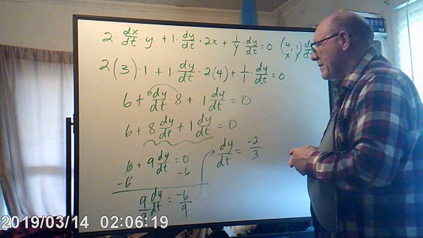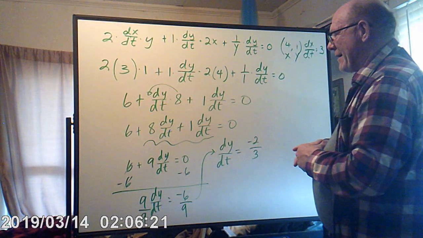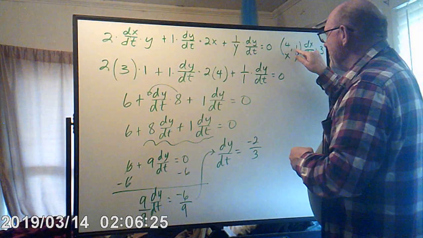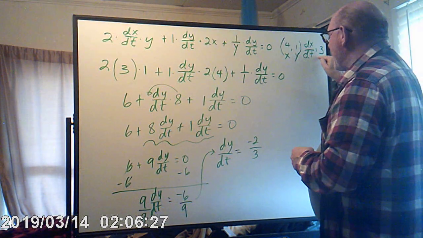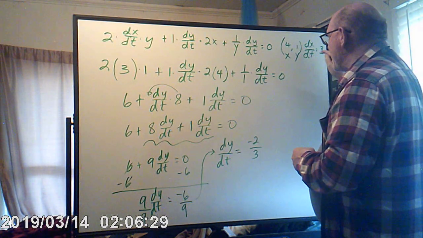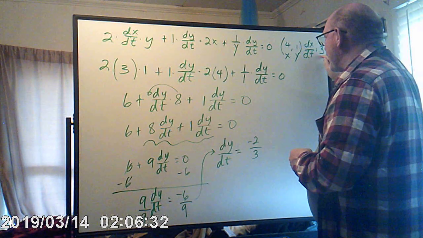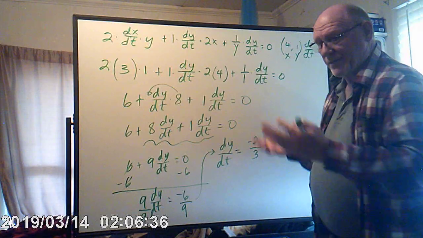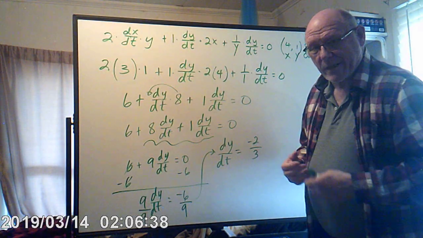So at the moment that this is at 4:1, we know that the rate of change of x, regarding time, is 3. That would be increasing at a rate of 3 meters per second.